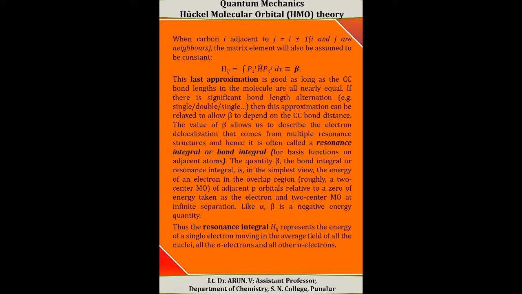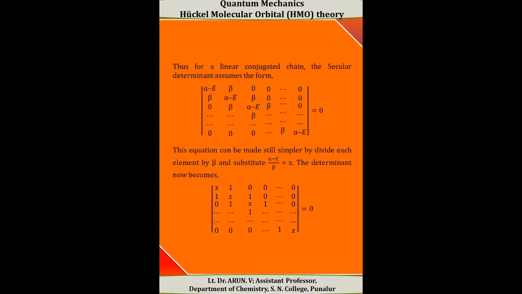The quantity beta, the bond integral or resonance integral, in its simplest view, is the energy of an electron in the overlap region of adjacent p orbitals relative to the zero energy taken as the electron and two-center molecular orbital at infinite separation. Like alpha, beta is a negative energy quantity. Thus, the resonance integral Hij represents the energy of a single electron moving in an average field of all the nuclei, that is, all the sigma electrons and all other pi electrons.